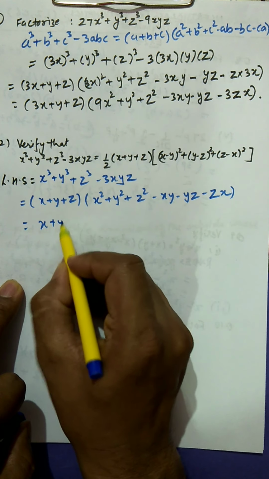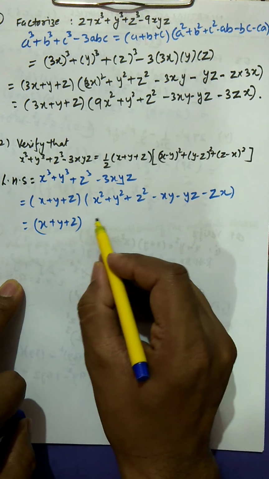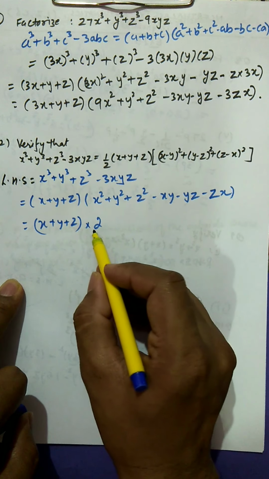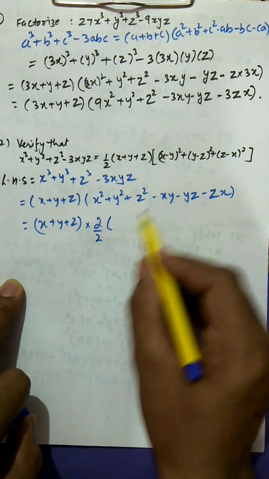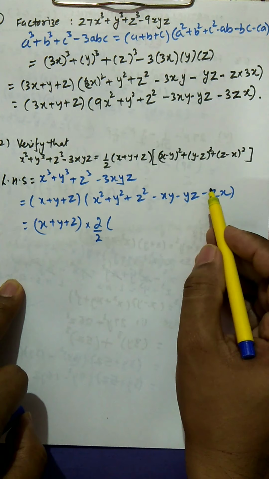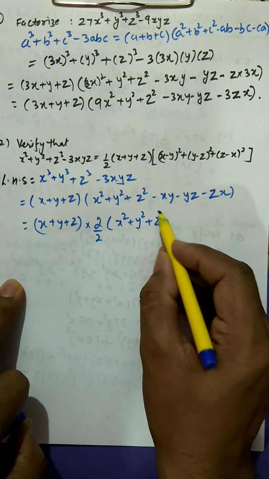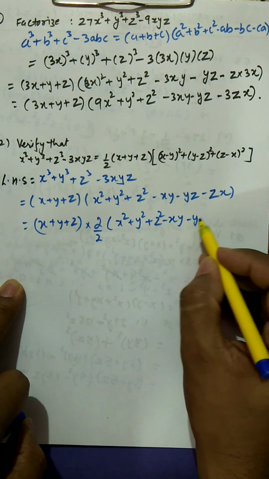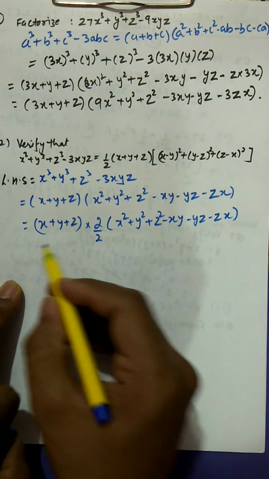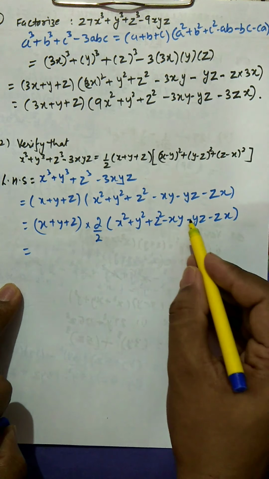x plus y plus z. So if I'm multiplying by some number, I have to divide also, so that it will get cancelled and it will remain the same. So this is x square, this is y square, this is z square minus xy minus yz minus zx. Now this 2 I'll get inside.